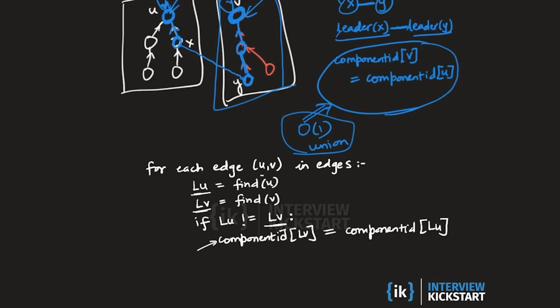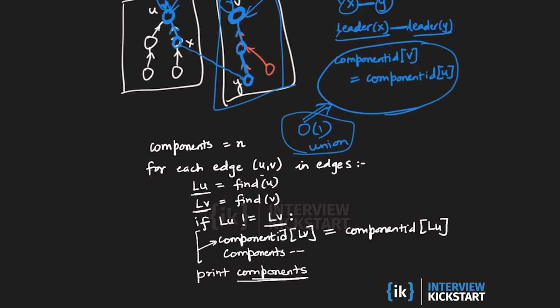And once we have that unification, we can again decrement the number of connected components by 1, and once we are outside this if condition, we can print the number of connected components. So if LU and LV were the same, we wouldn't have done the unification, we wouldn't have decremented the number of components, we would still print the same value as before. So again, we are assuming that the number of components starts out being n before we have seen any edge, and this is how the whole process goes.